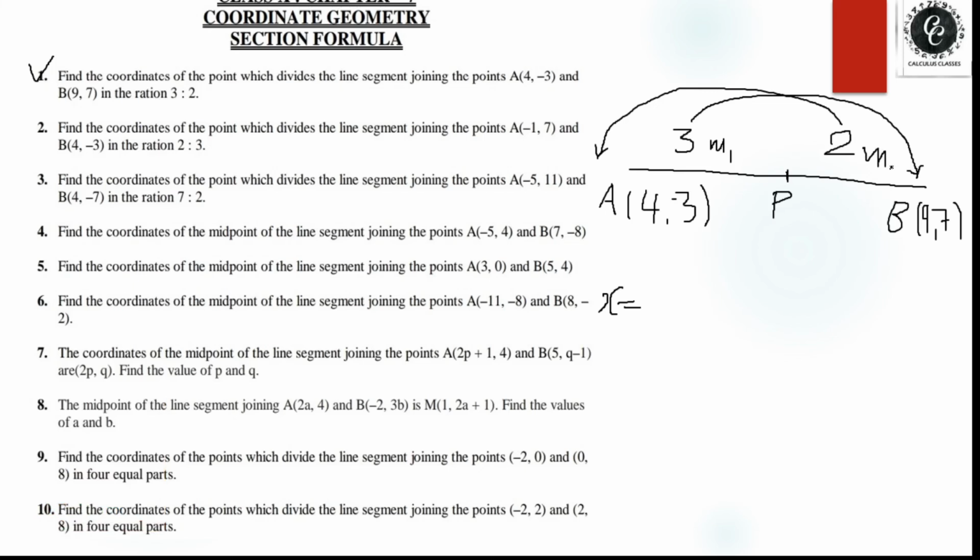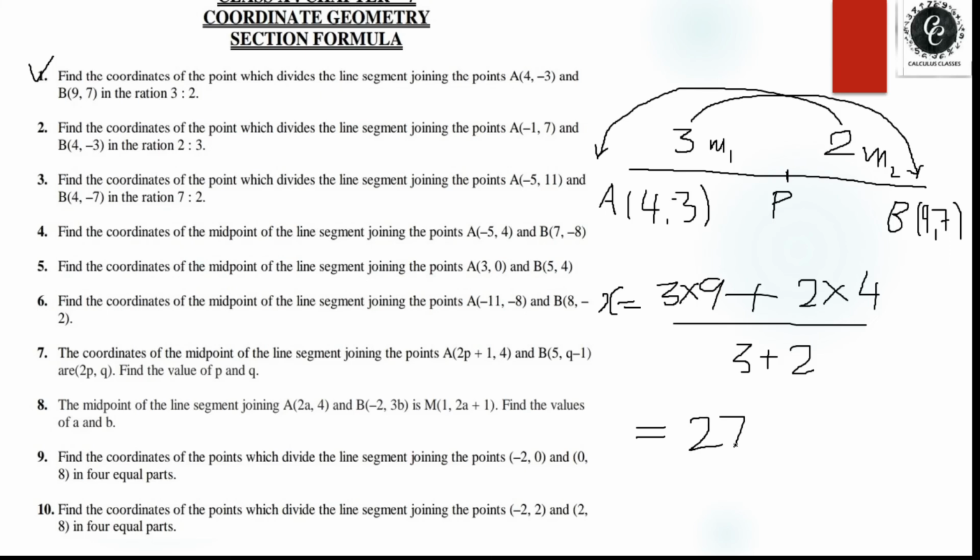The formula was m1 x2 plus m2 x1. m1 is 3 and x2 is, what's the value of x2? 9, and plus m2 is 2 and the value of x1 is 4, and under it what will come? 3 plus 2, which is 5. So 3 multiplied by 9 is 27, plus 8, and this will be 5.